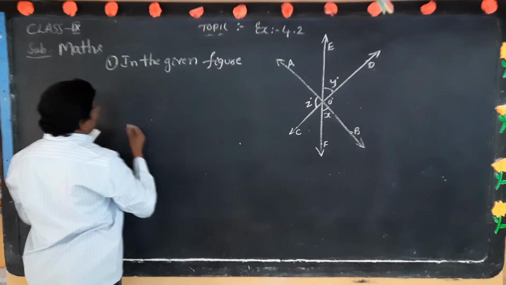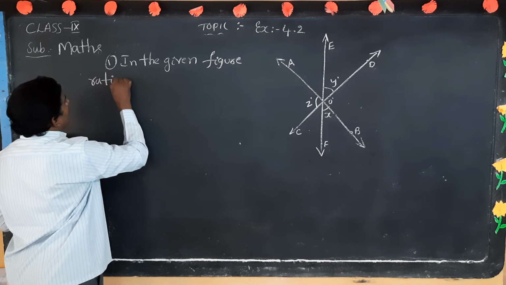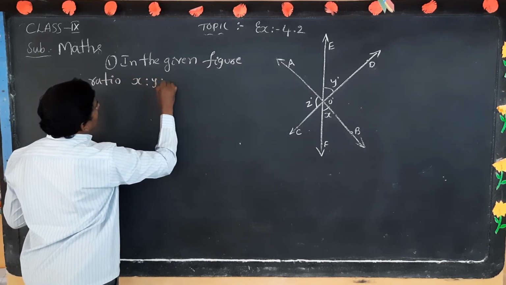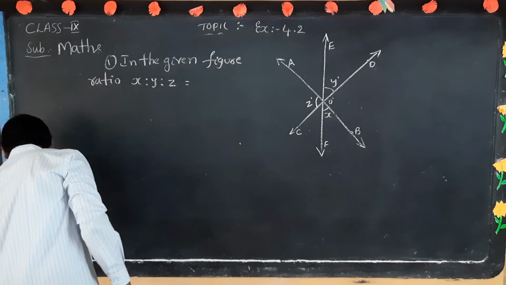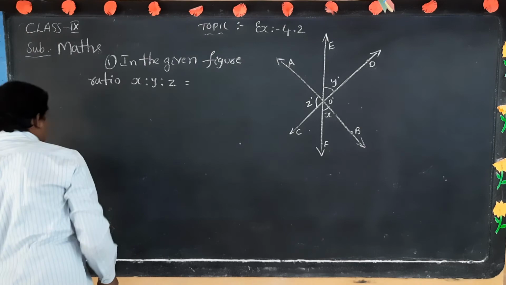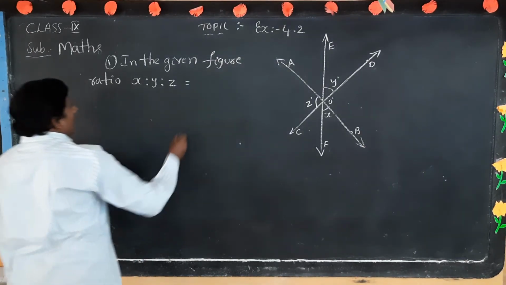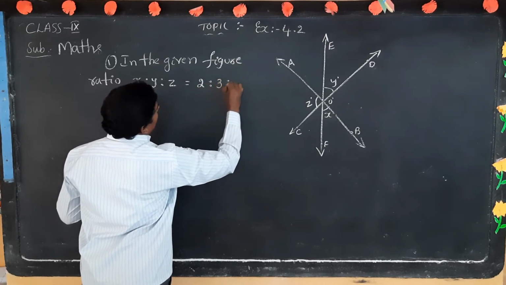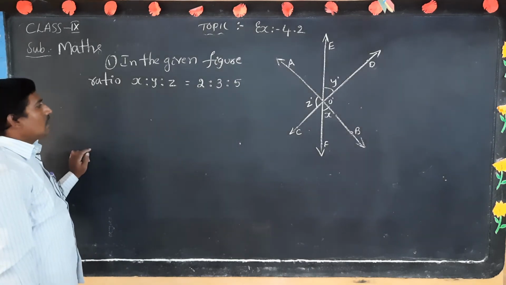In the given figure, the ratio x is to y is to z is equal to 2 is to 3 is to 5.